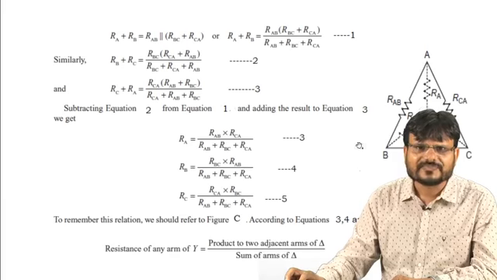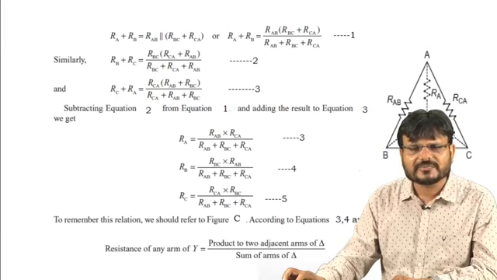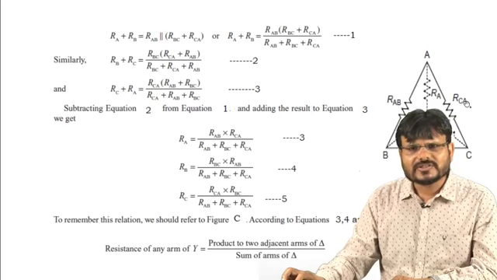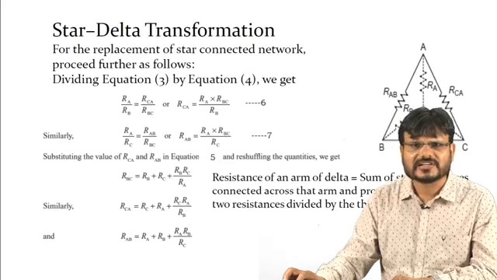Similarly, RB is equal to RAB into RBC upon RAB plus RCA plus RBC. Similarly, RC is the product of RCA and RBC upon RAB plus RBC plus RCA.